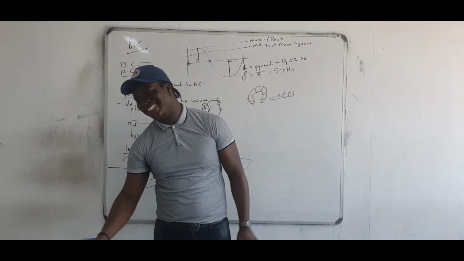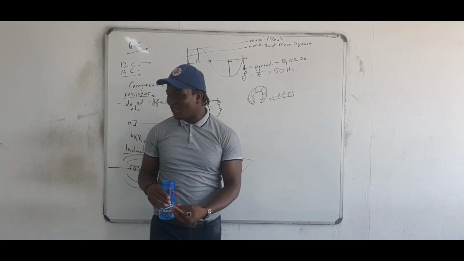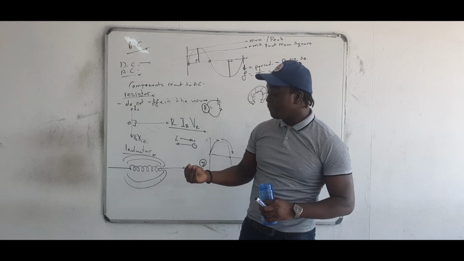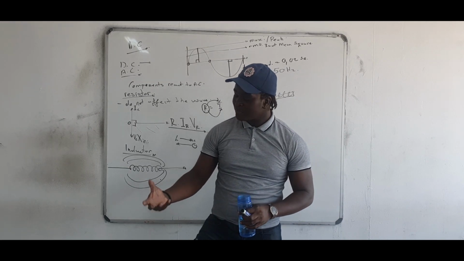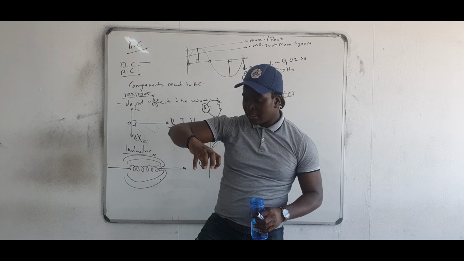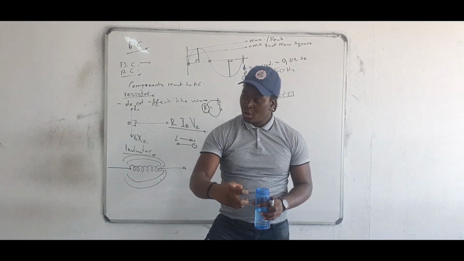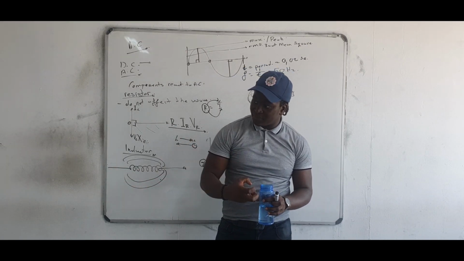Do you guys still remember Lenz's law? Lenz's law says that if you have a magnetic flux that is inducing an EMF into a conductor, we do know that any current carrying conductor has got a magnetic flux around it.